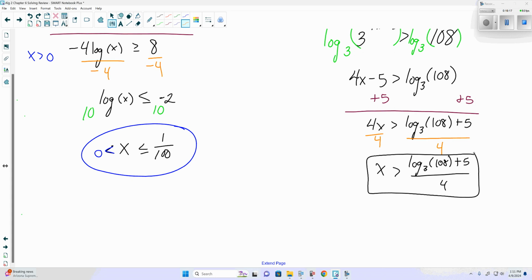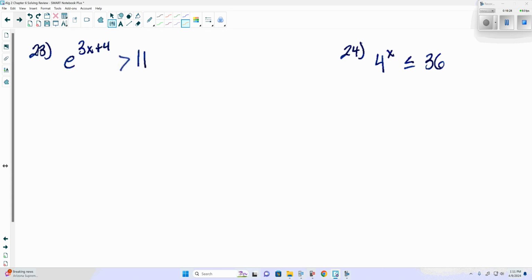Questions on this here? We ready for the next one? e to the 3x plus 4 is greater than 11. Well, e is already by itself.